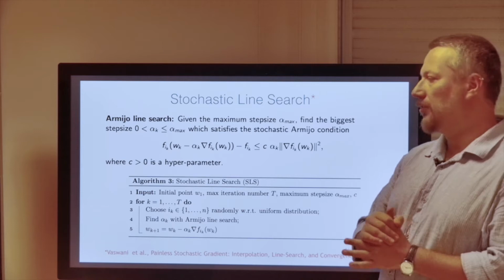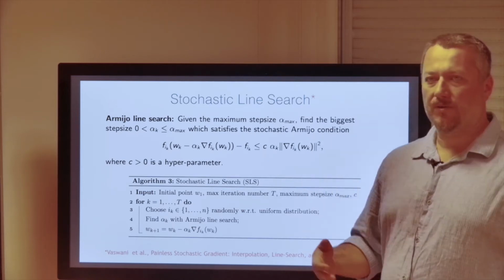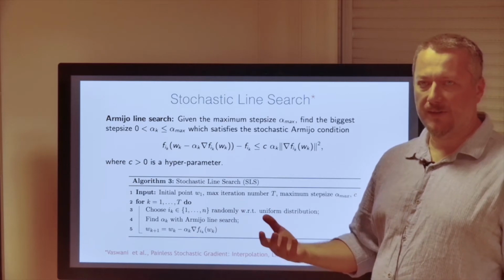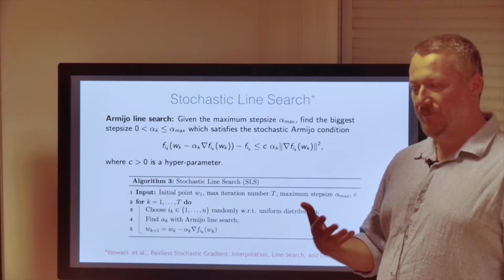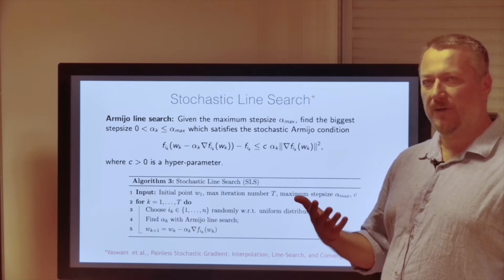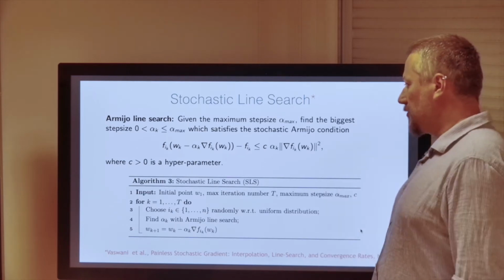So in the stochastic case, you just use stochastic function values and stochastic gradients, so that runtime-wise, the cost doesn't grow much.